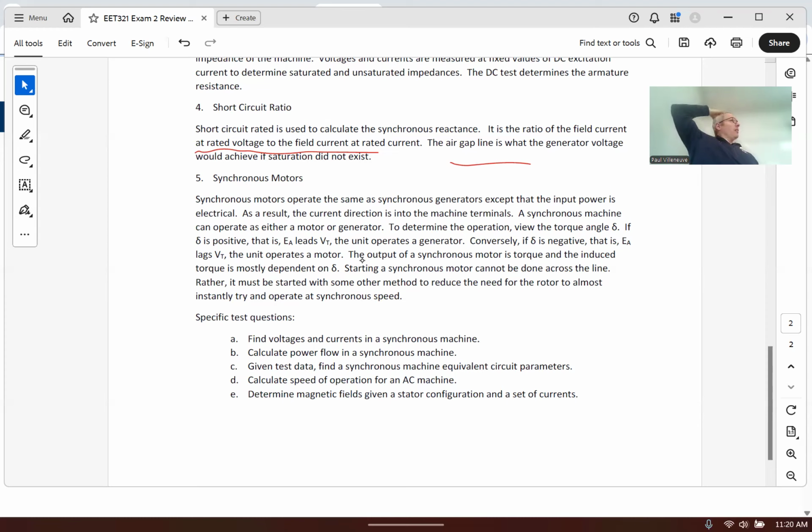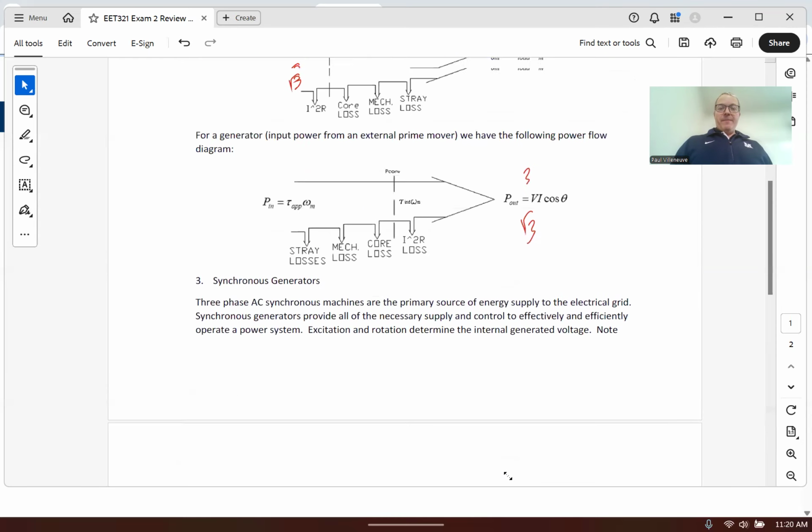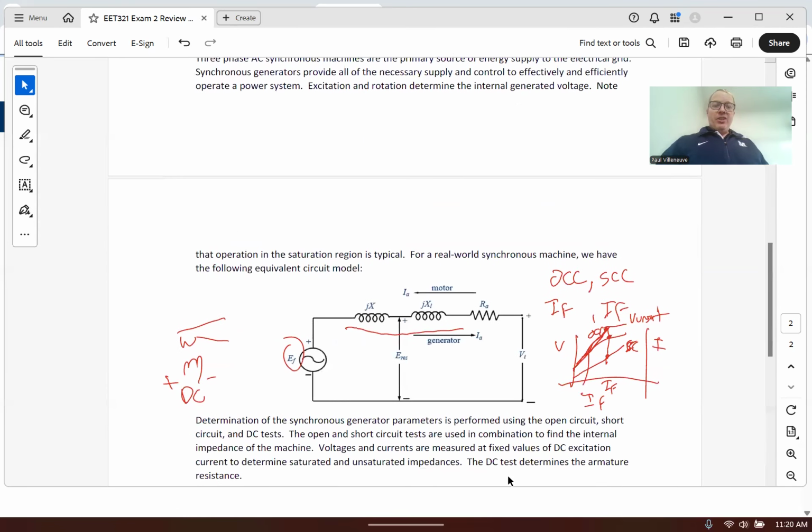It depends on whether it's a motor or a generator. For a generator, I have to add those voltage drops to make EF work. If it's a motor, it's plus to minus this way, so I have to subtract those voltages.